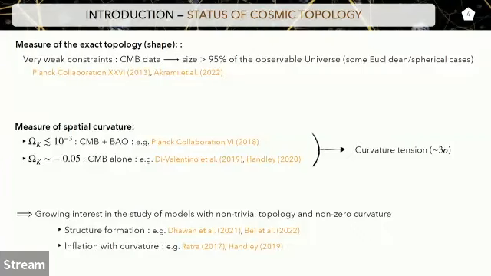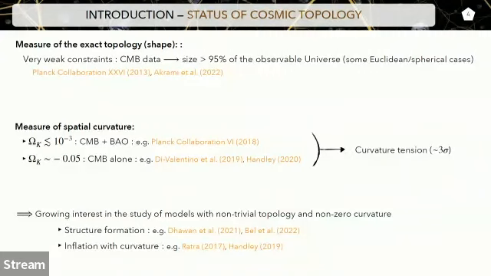All of this to say that there is a growing interest in the study of cosmological models including global non-zero spatial curvature, both in data analysis and in theory, for structure formation and for inflation, as we will see at the end of the talk.